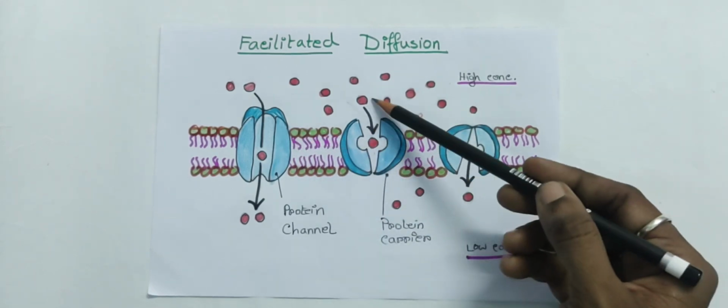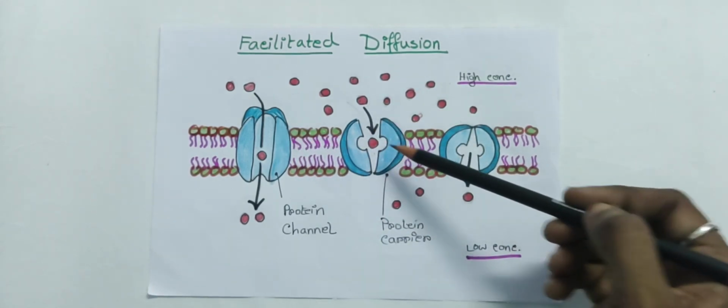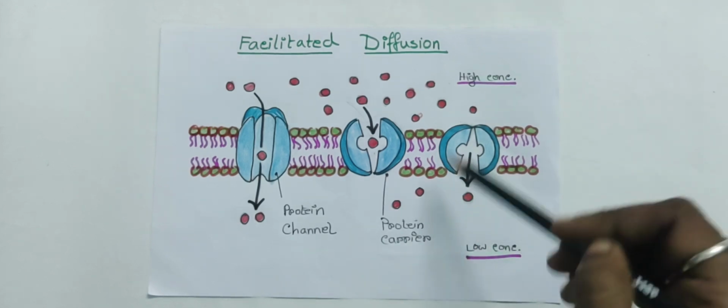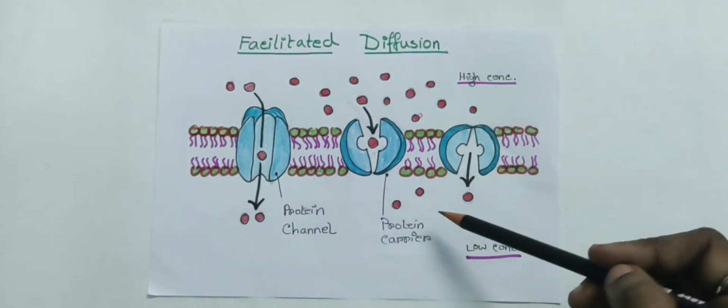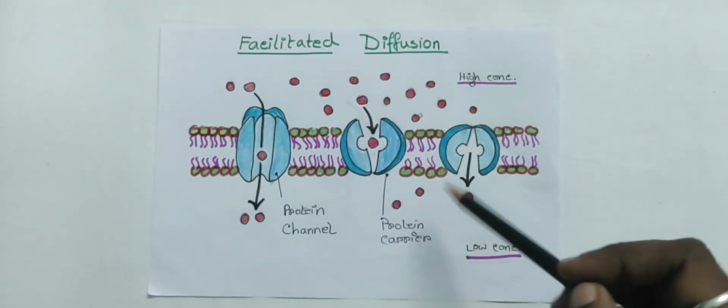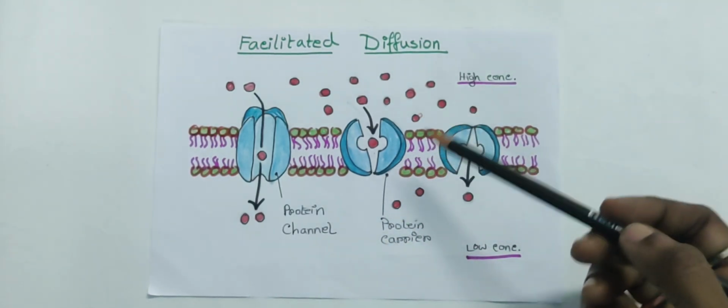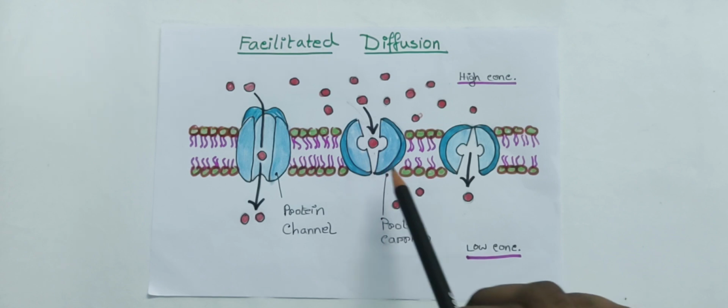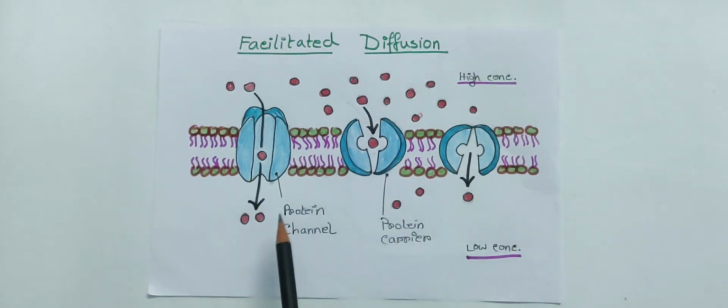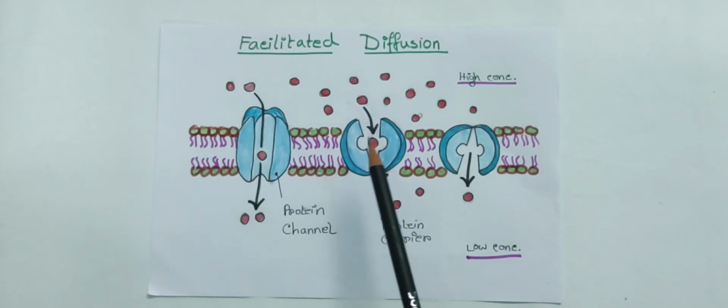These carrier proteins receive the molecules and then pass this molecule into the inner side of the cell membrane. So the molecules are traveling through the carrier proteins. Okay, these are the protein channels. So that is facilitated diffusion.